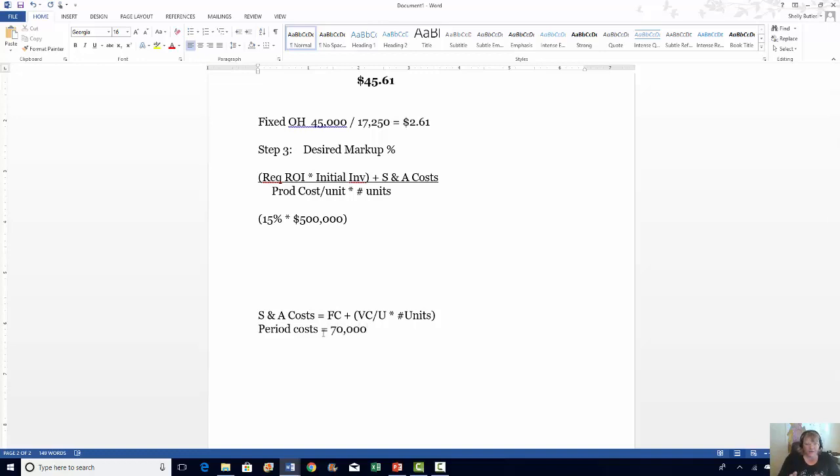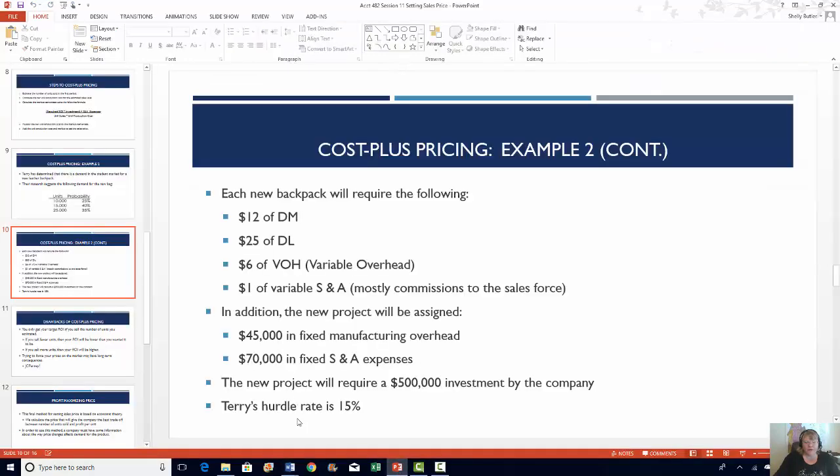I keep thinking of how it'd be easiest for you to look at this again after you've watched the video. And I'm just trying to make it organized so that you can see it. And then we want to add that to our variable cost per unit, which back on the PowerPoint says $1 of variable S&A.